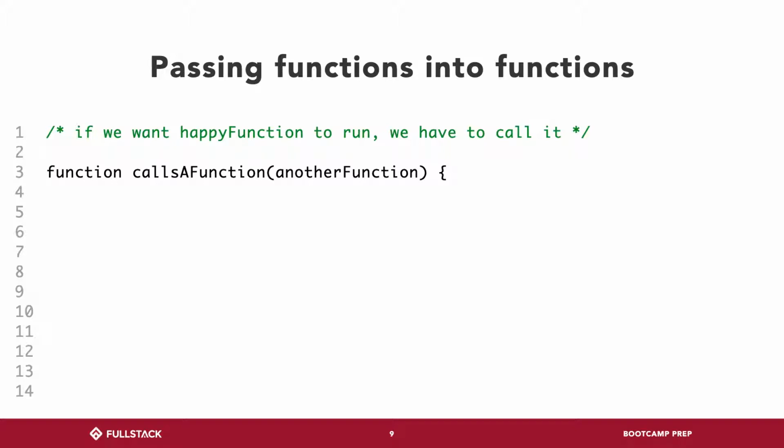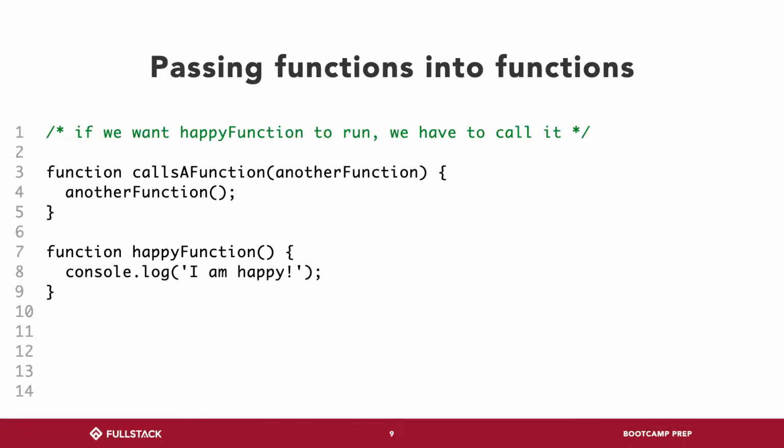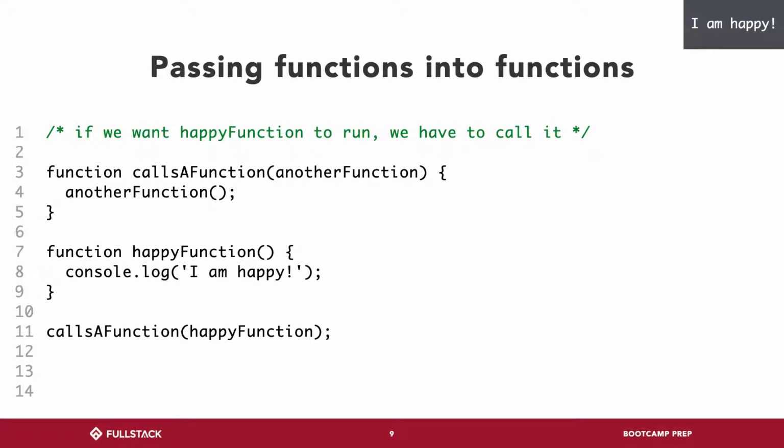So if we want happy function to run, we have to call it. What does this do? Okay, so calls a function takes a parameter, another function, and it invokes that function. So this is what I showed you in the REPL. You say calls a function, you pass in happy function, and then you see in the console, I am happy.